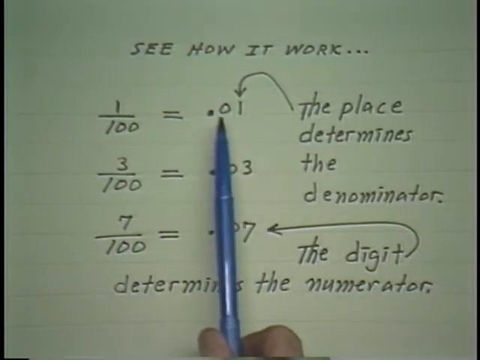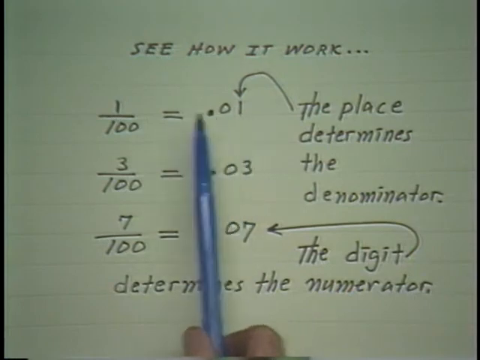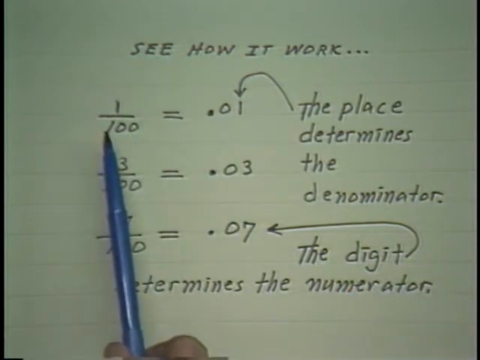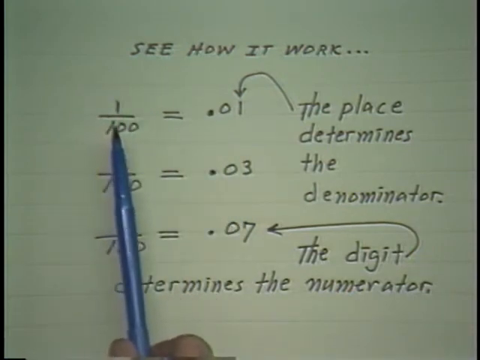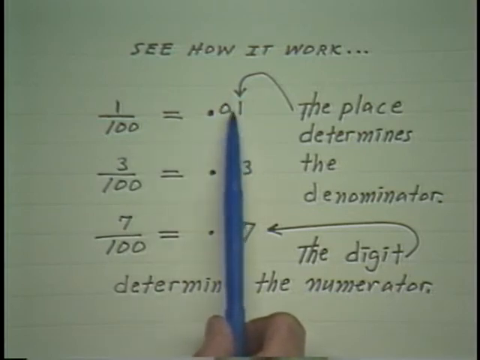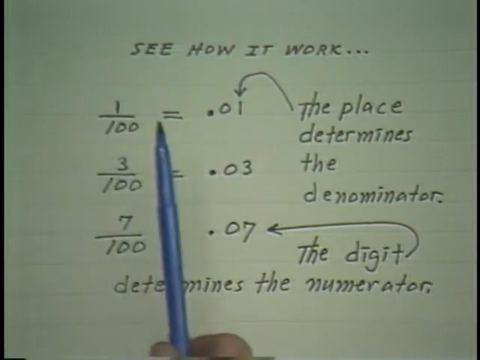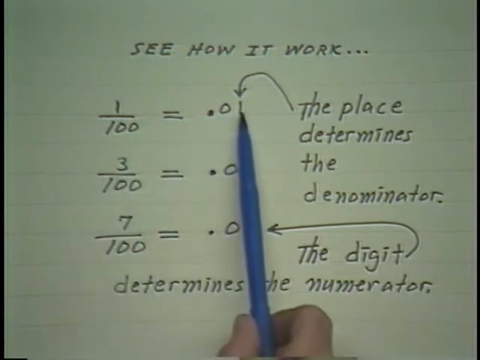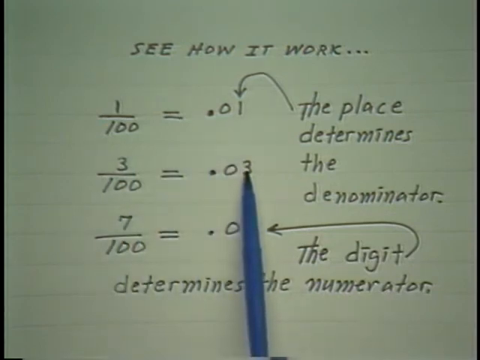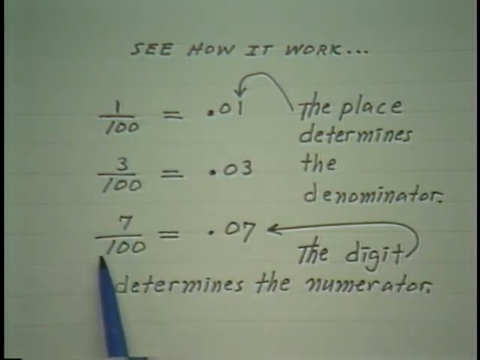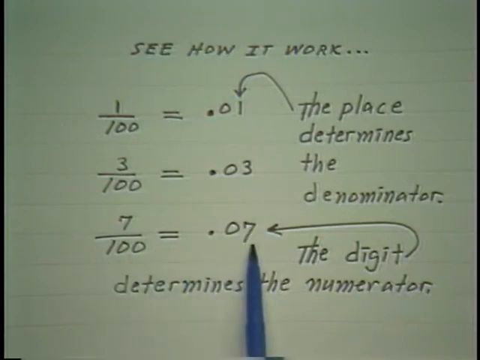This notation is really a way of writing a fraction without a fraction, in a sense. So we'll read this as 1/100th. So if I want 3 of those hundredths, I will put a 3 in that hundredths position. If I wanted 7/100ths, I put a 7 in that position.